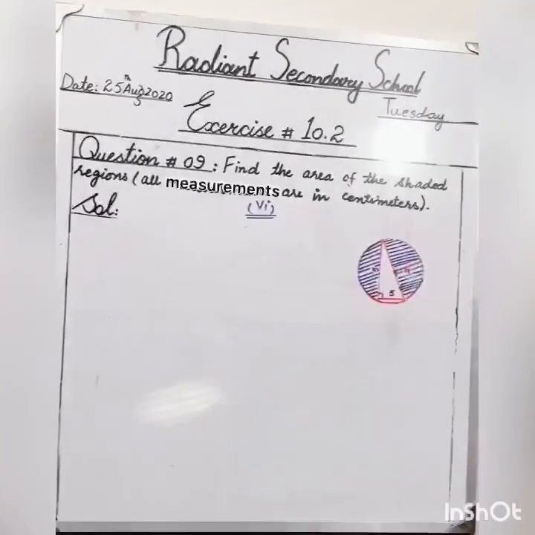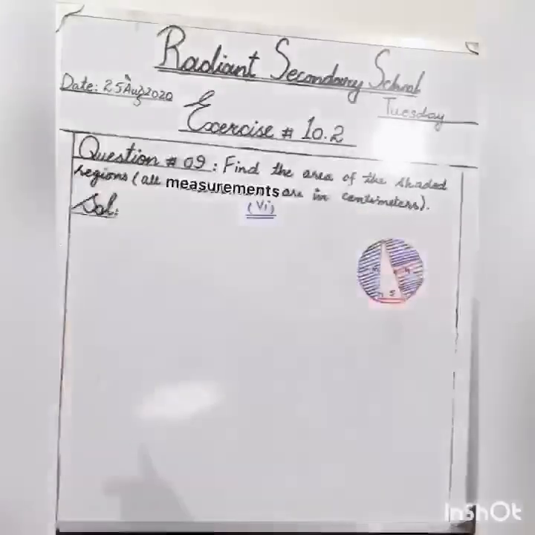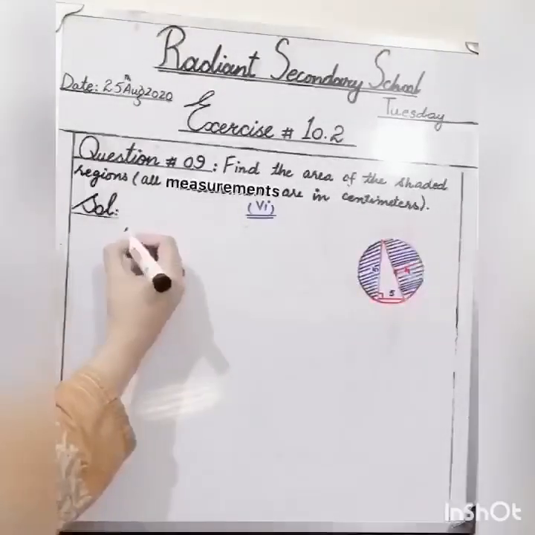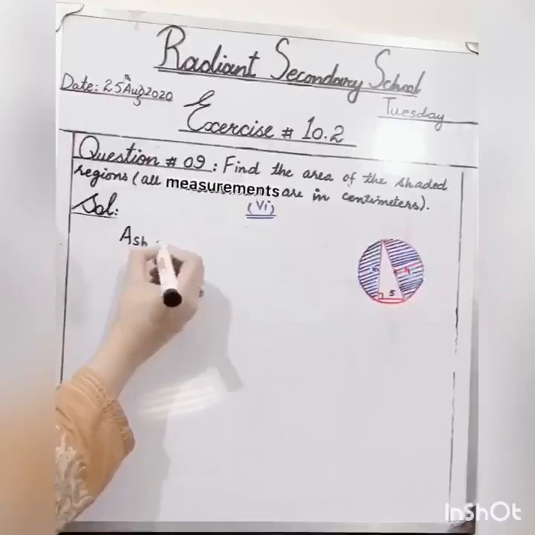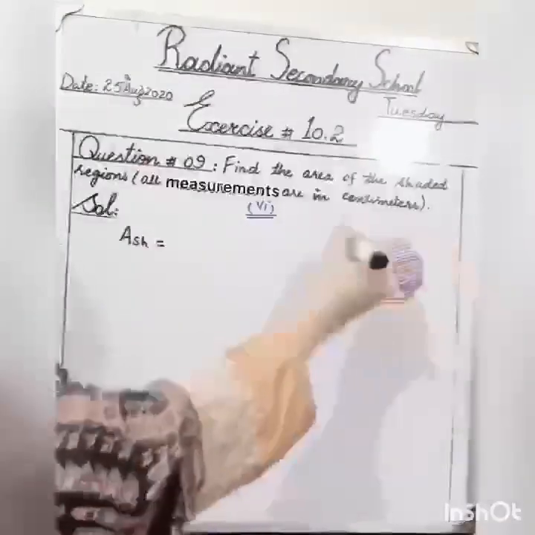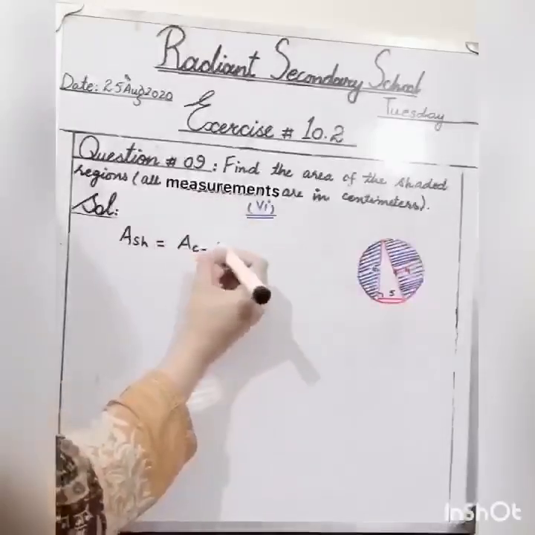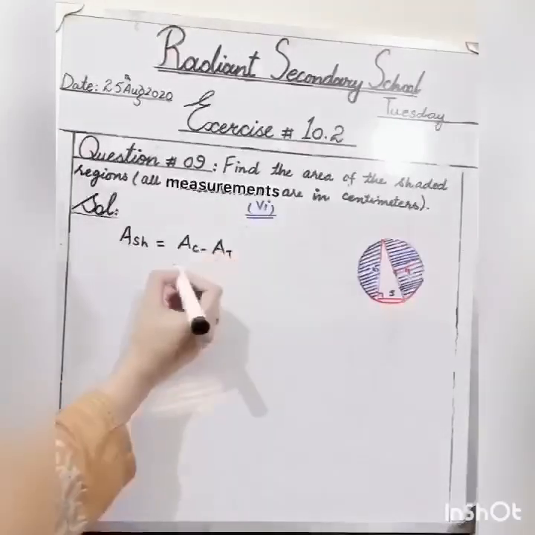In the sixth part, students, there is a triangle inside a circle. So to find the area of the shaded region in this part, we will subtract the area of the triangle from the area of the circle. So we write area of circle minus area of triangle.